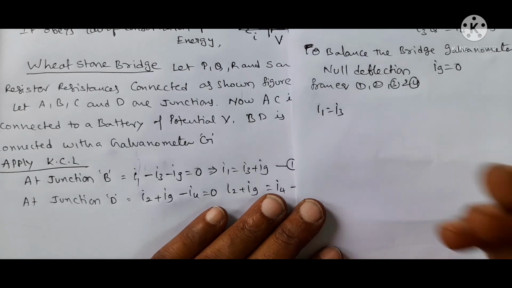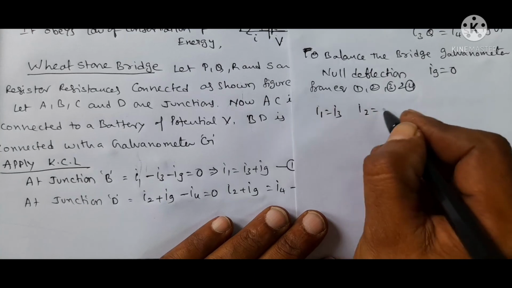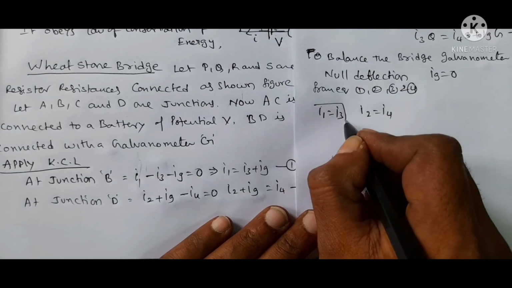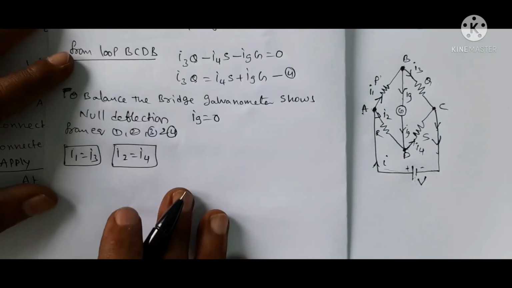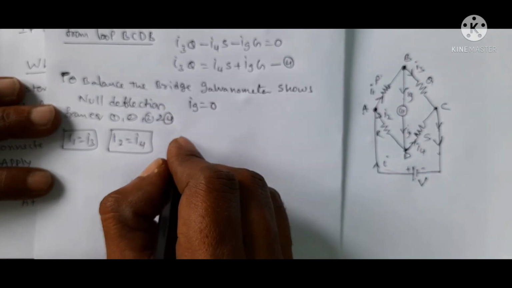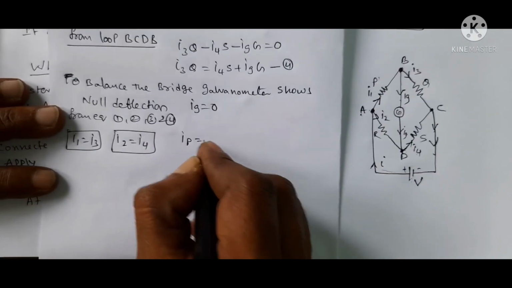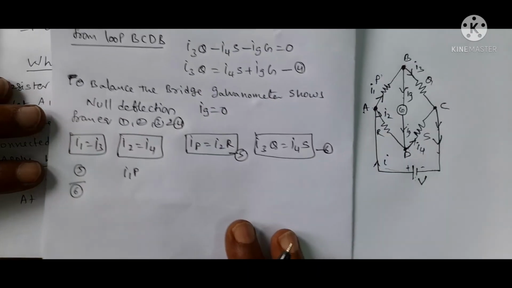Next, I2 is equal to I4. Keep in mind. From these above equations you will get I1P is equal to I2R.